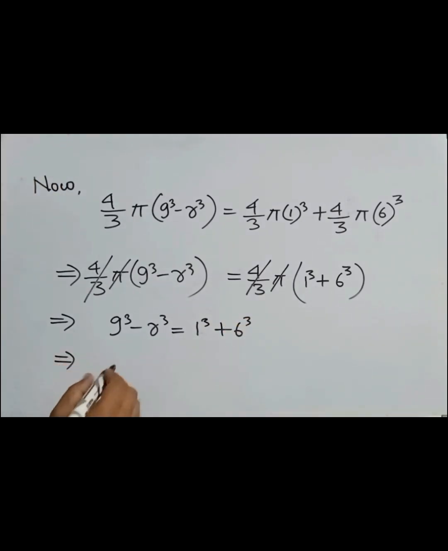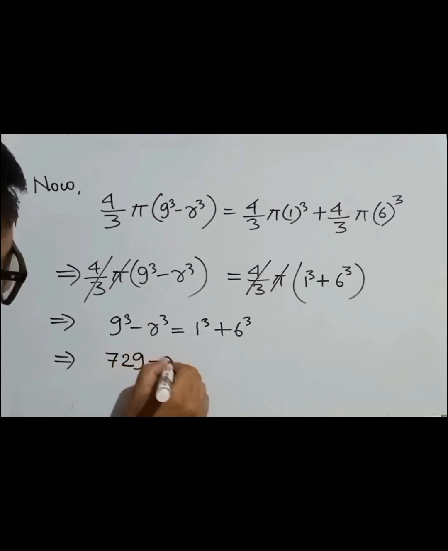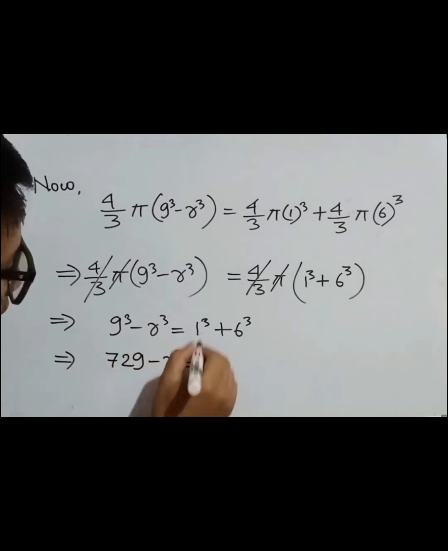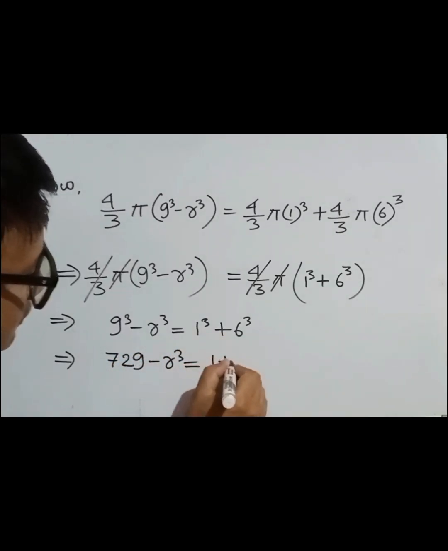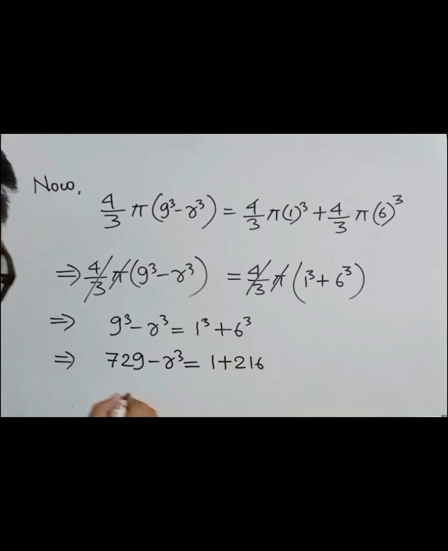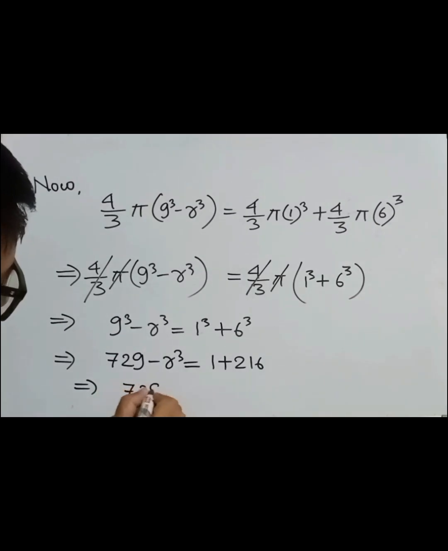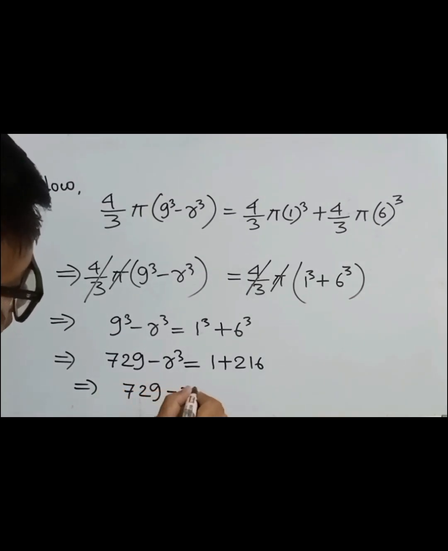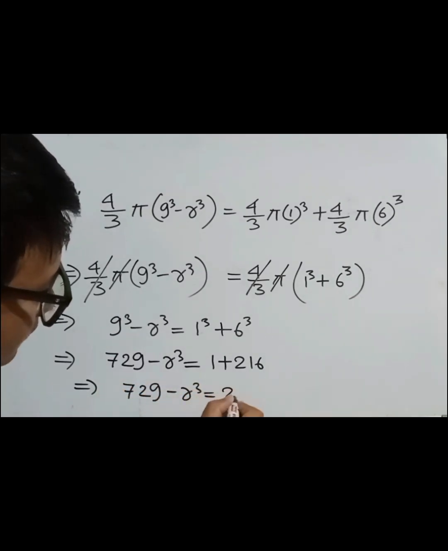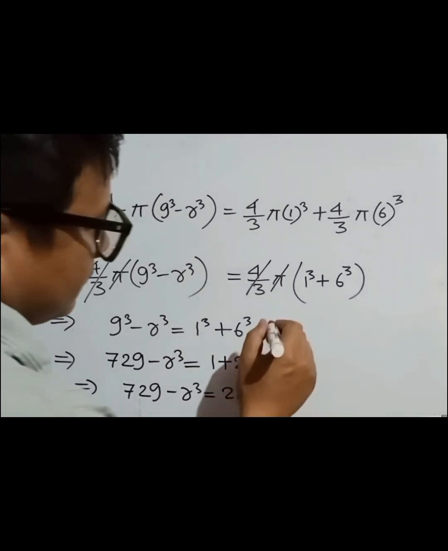In the next line, 9 cube is 729, minus r cube. 1 cube is 1, plus 6 cube is 216, so the sum is 217. In the next line it becomes 729 minus r cube is equal to 217.